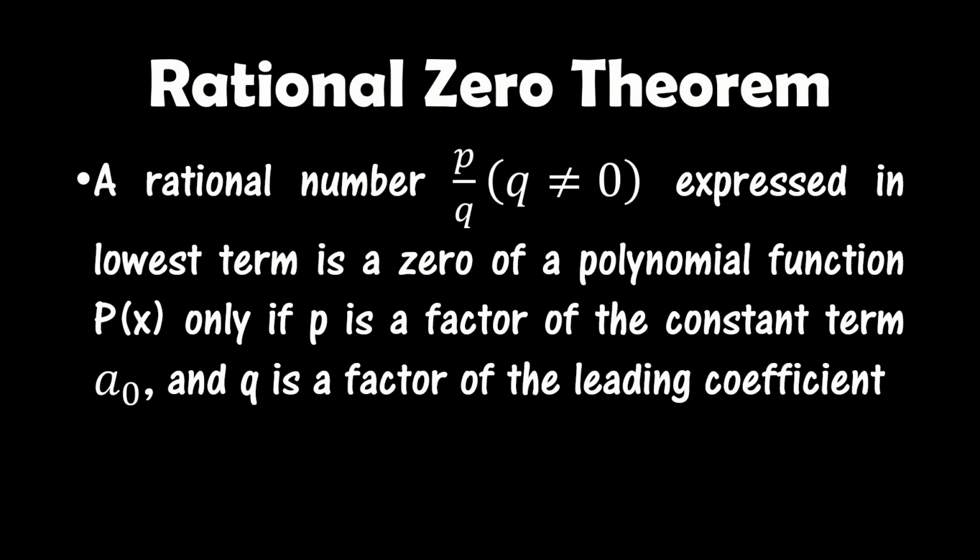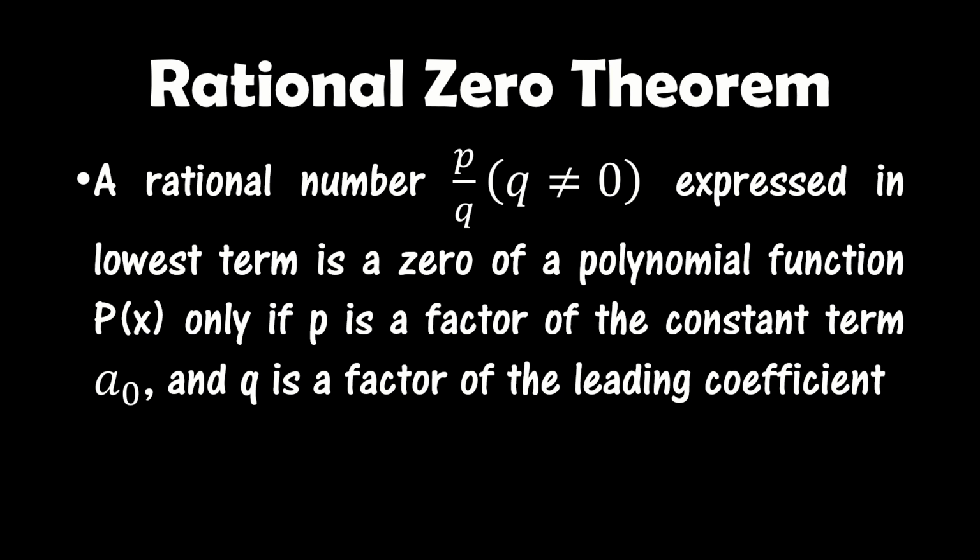Now, ano naman ang mangyayari kapag rational zero theorem? Sabi ng rational zero theorem, a rational number p over q, where q is not equal to 0, expressed in lowest term, is a zero of a polynomial function p of x only if p is a factor of the constant term a sub 0 and q is a factor of the leading coefficient.